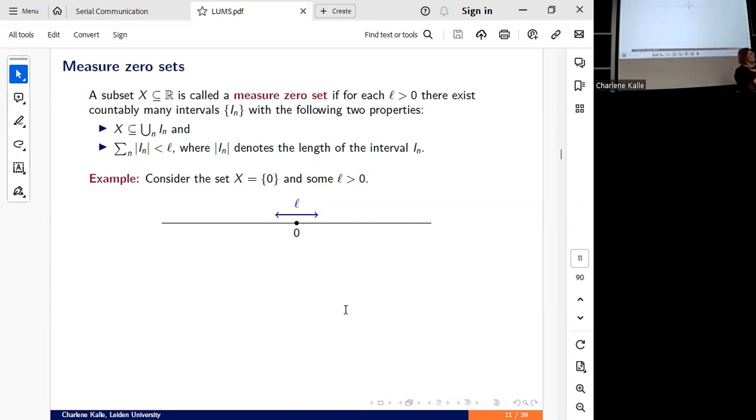So if we want to think of measure 0, we think of that as a small set. So if we want measure 0 sets to be our idea of small sets, then this set should have measure 0. Otherwise, we did something wrong in the definition of measure 0. So this set should be a measure 0 set at least. So how can we get these two properties for this set X, for this single point? How do we choose?